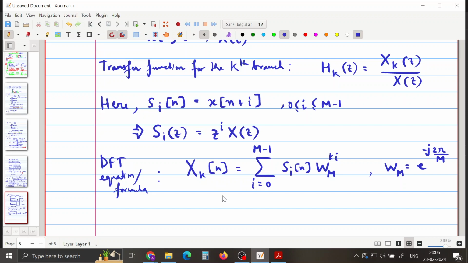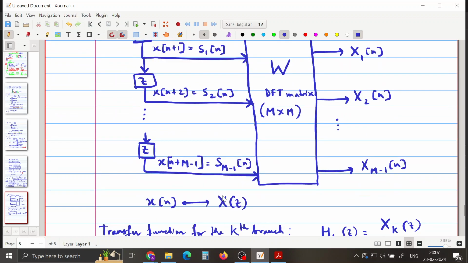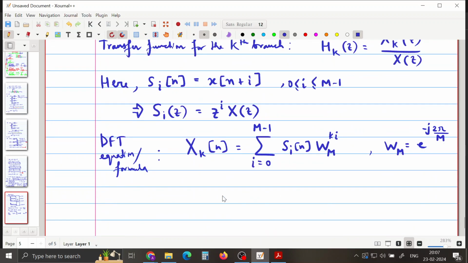It's basically the kth row of the DFT matrix capital W multiplied with the input vector, which is S0 of n, S1 of n, and so on all the way till S m minus 1 of n, right? So you get some linear combination of that. It's taking the inner product, the dot product, of the kth row of the DFT matrix and the input vector. That's what I have written here.